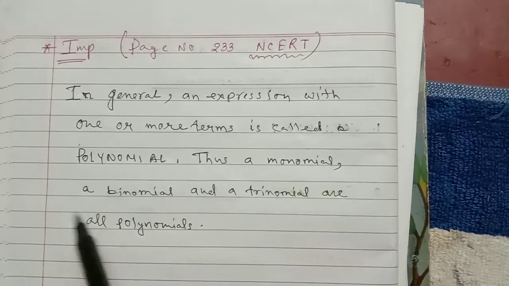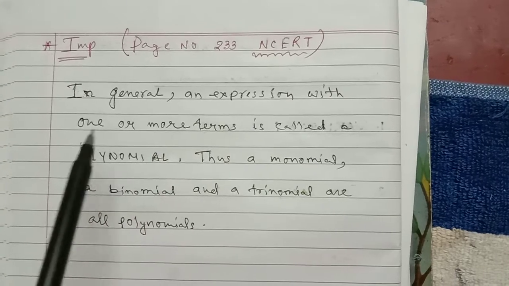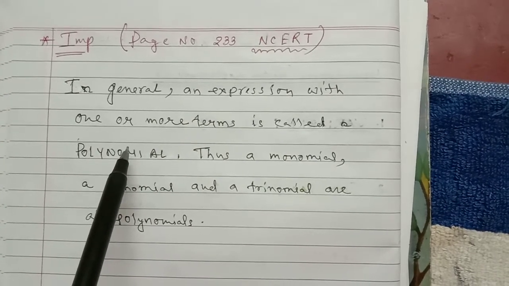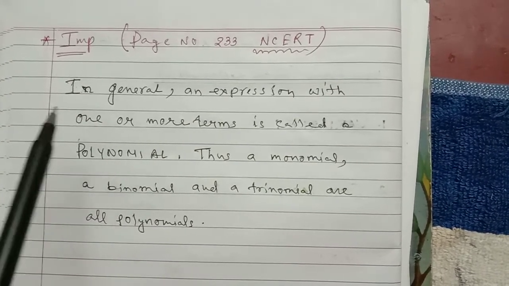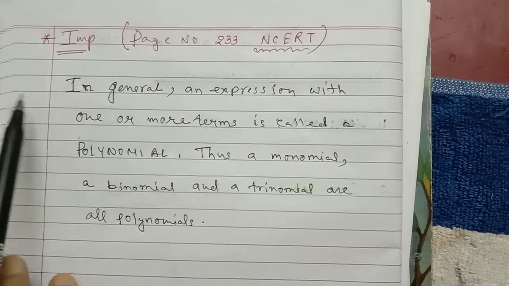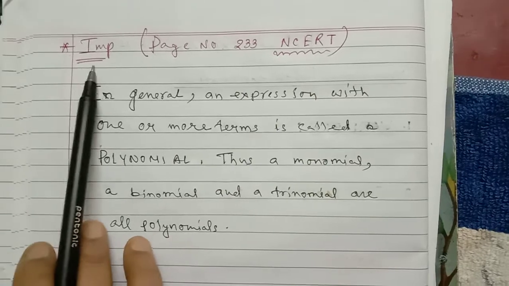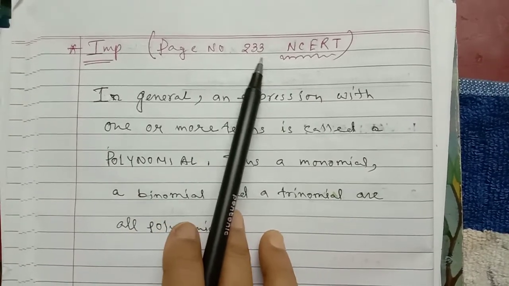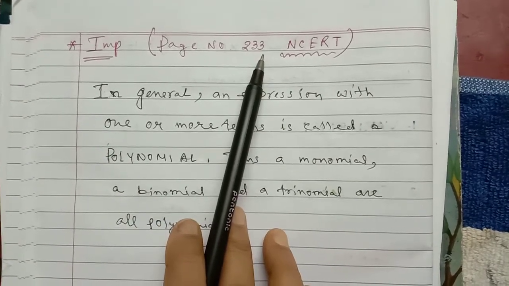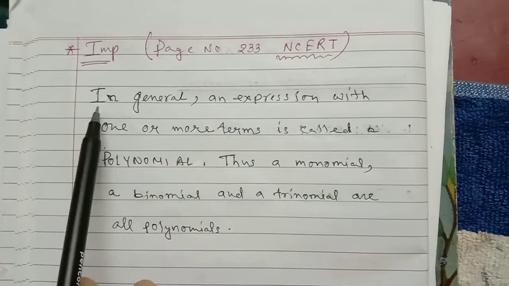Now when we are explaining monomial, binomial, trinomial, you can get some confusion afterwards. Then what is a polynomial? From your NCERT math book, page number 233, you can get this information.